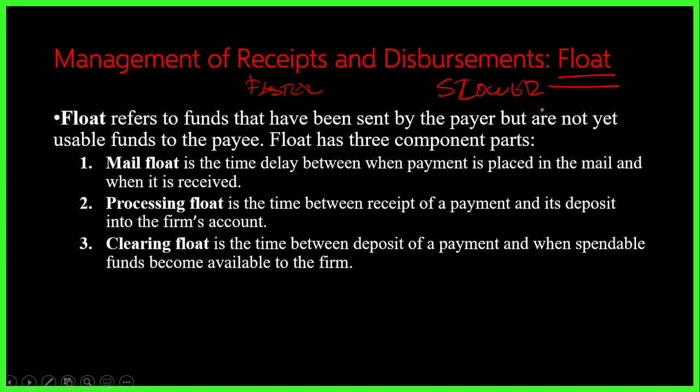Before, it's 35 days on the average. But because I'm using, let's say, a lockbox system, or I made it a policy for my customers that they are going to pay online, from 35 days, let's say, it became just 30 days.